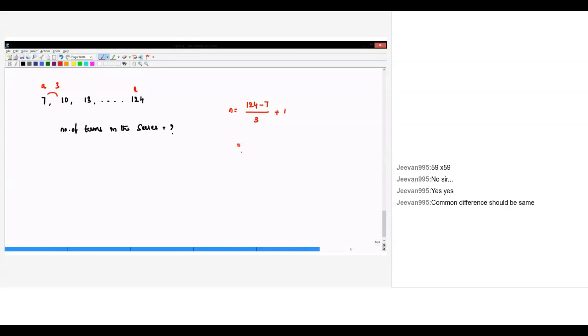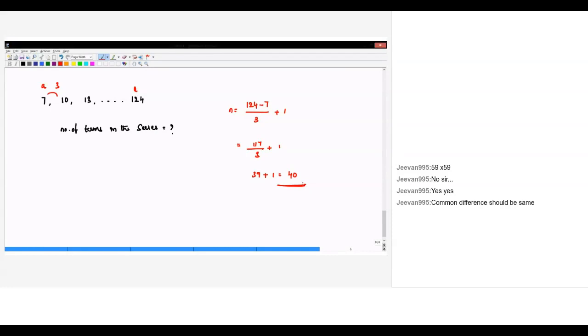So that is 117. It's 40. So how many terms are there in the sequence? There are 40 terms in the sequence.